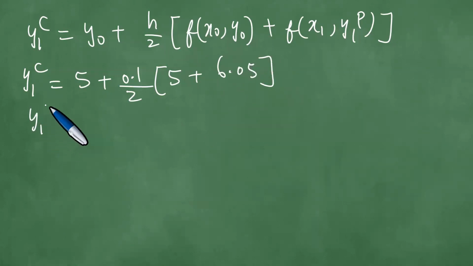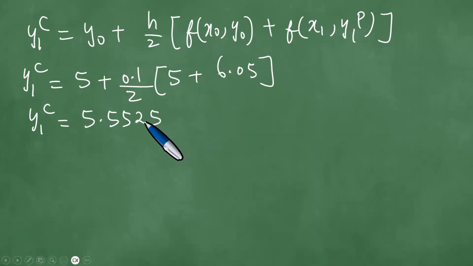And then you have y1, and then you just do the calculation here. If we do these, we must be able to get 5.5525. I need to check these, but that's what I expected it to work out to. Okay, so we get that one.